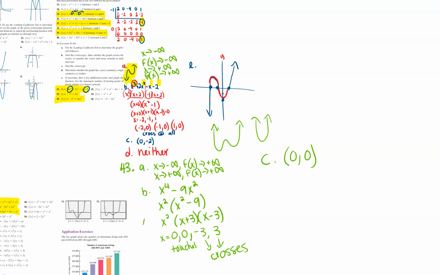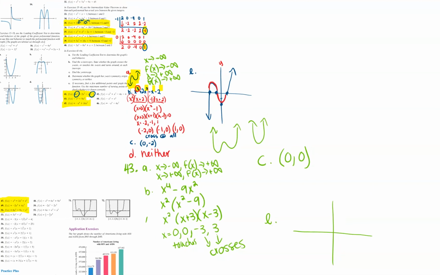All right, so let's sketch this. That'll be our answer for E, is the sketch. So let's do that. All right, so we have a 0 at 0, also at -3 and +3.